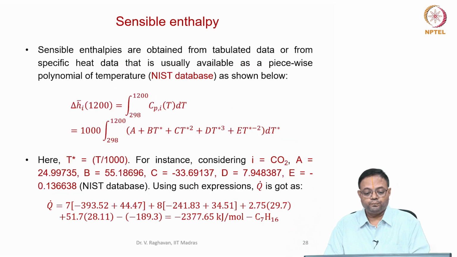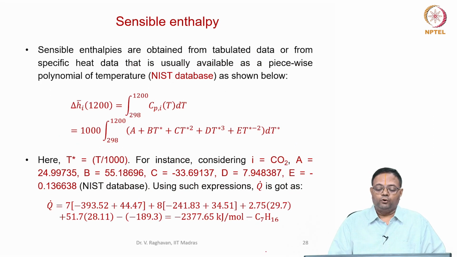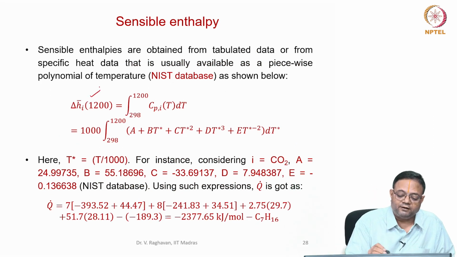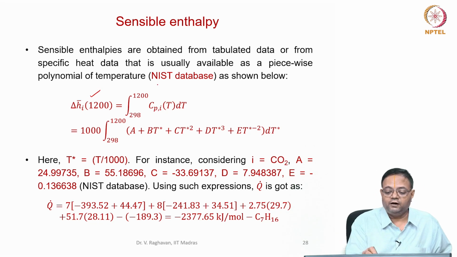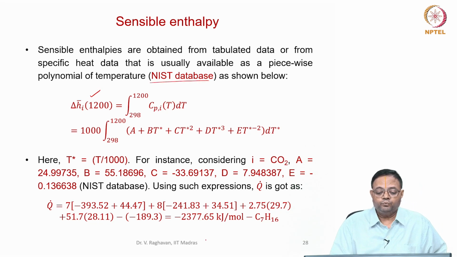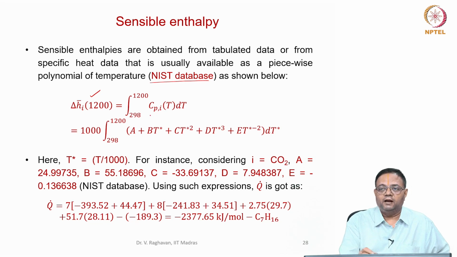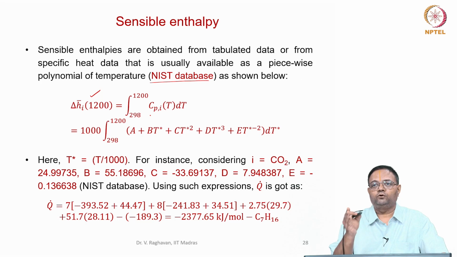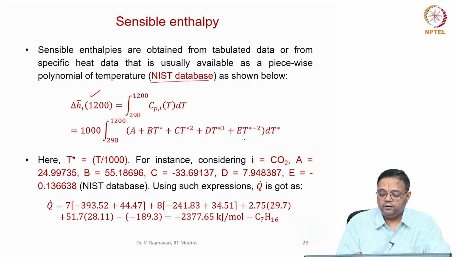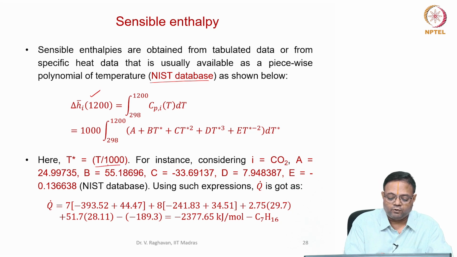Okay. So, now as I told you, to evaluate the sensible enthalpy, I can use the NIST database where polynomials of Cp are given as a function of temperature in a given range. For example, it may start from 298 to 1000, 1000 to 2000, etc. So, it is a piecewise polynomial where it is dependent on temperature, but some normalization is done here.